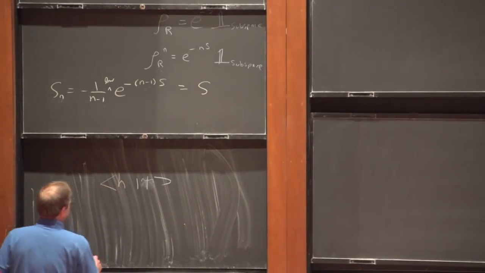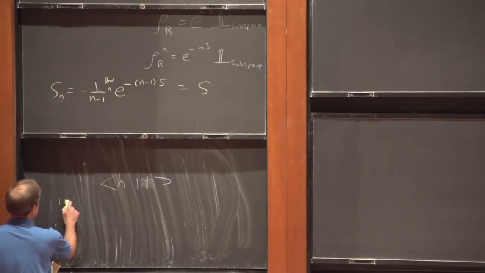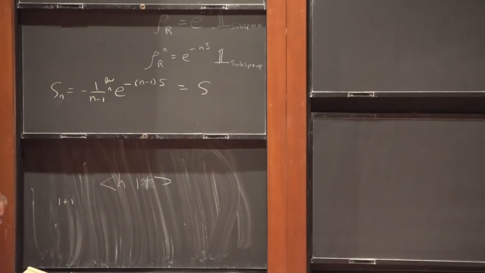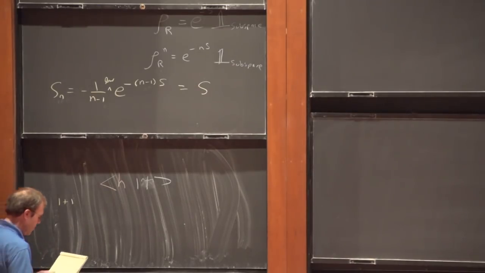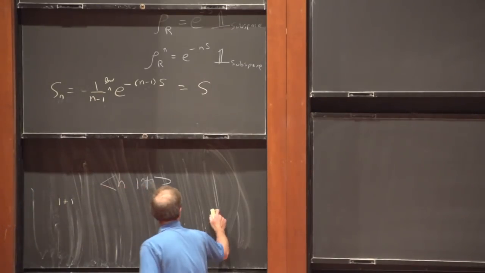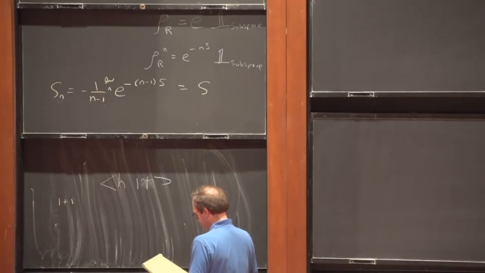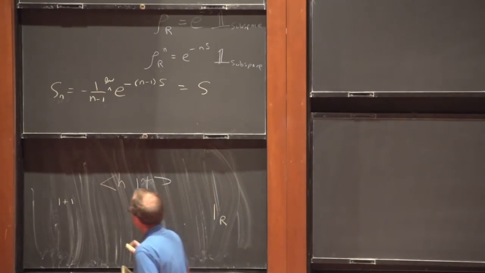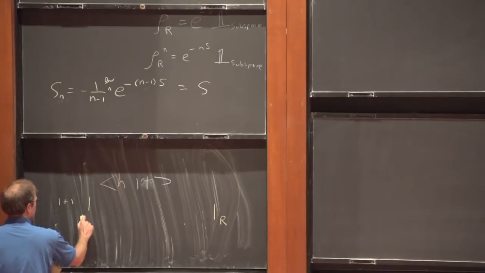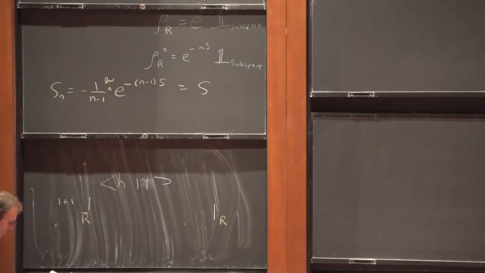And if you like, I can draw a little cartoon. This is a sort of 1+1 dimensional cartoon of the bulk, where over here is maybe a piece of the boundary, and I'll call this R. Over here I have another piece of the boundary. I'll call this R bar.